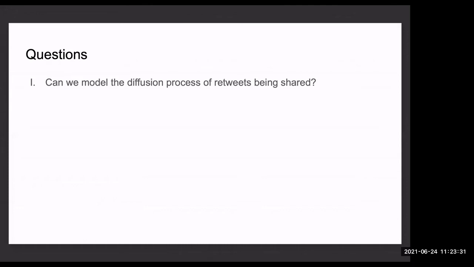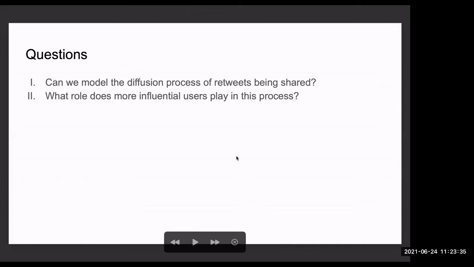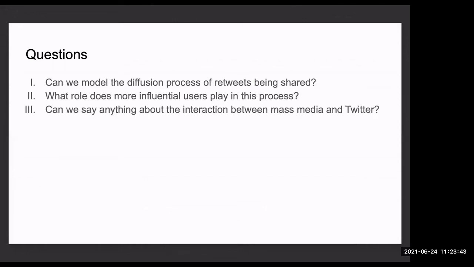Can we model that? And what role do influential users, people with a lot of followers, play in this diffusion process? And also, how can we look at the interaction between mass media and Twitter? These are the main questions which we'll start looking at now.